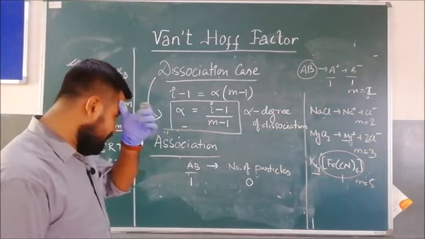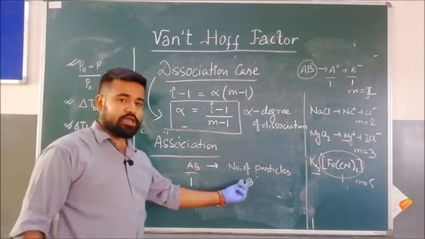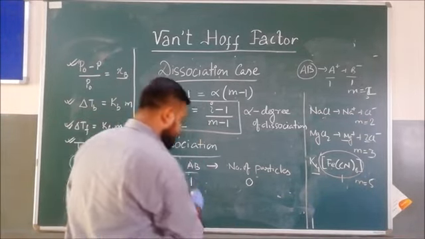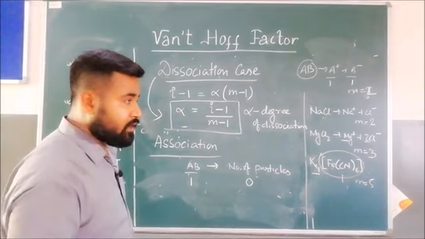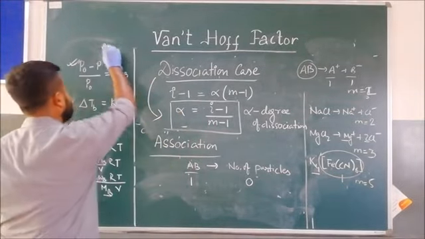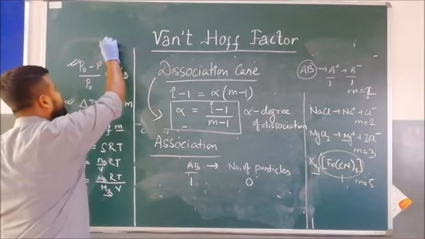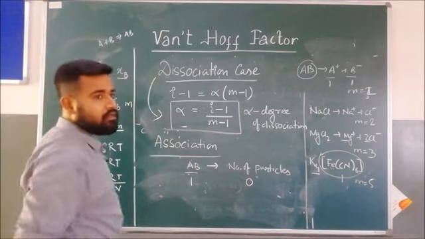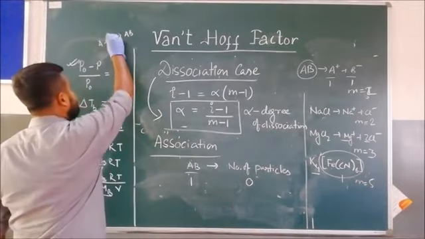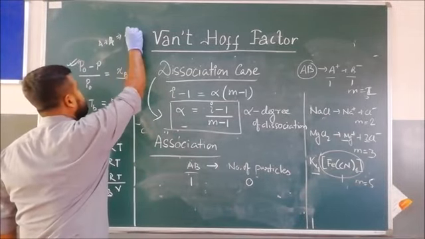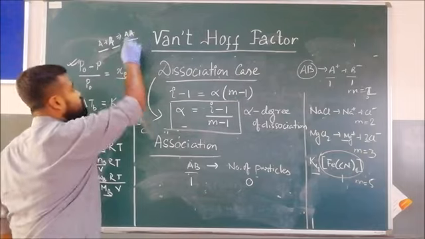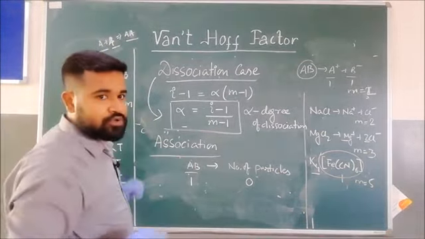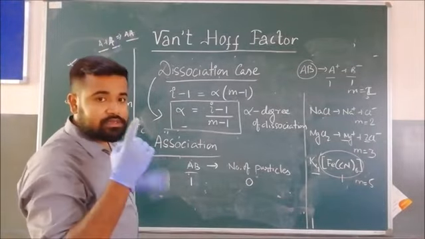Suppose alpha amount has associated. If two molecules are there, A plus B equals AB, or we can say AA associate and become a single molecule. So here two solute particles are associating to form one solute particle.